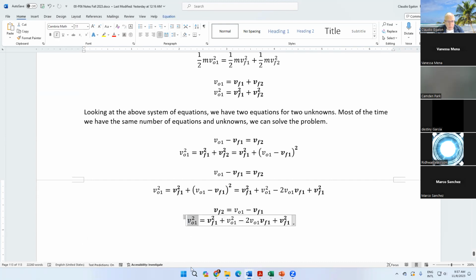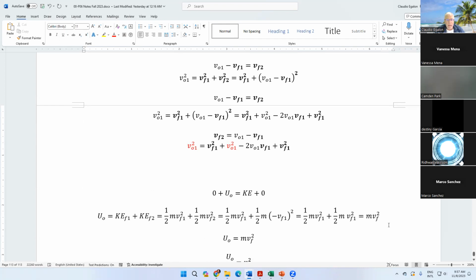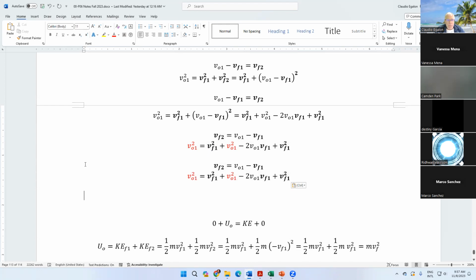This V naught is going to cancel out with this other V naught. I'm going to put them in red so you can visualize it more readily, right? This V final 1 is going to combine with this V final 1. Okay, it's going to be a 0.